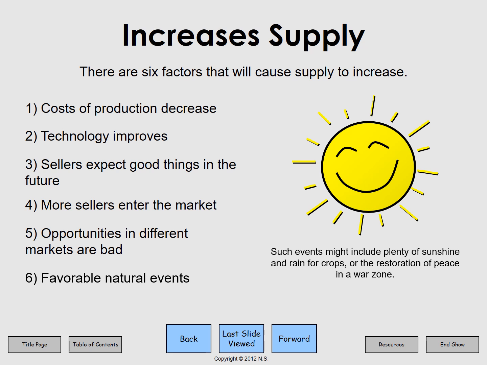If it's sunny, then that is good and lemons grow better. If it's hot outside, that's good for lemonade salesmen, and so that would help and increase the supply. Such events might include plenty of sunshine and rain for crops, so it works with our lemons, or restoration of peace in a war zone. So if a war breaks out in Angleton, that's probably not a good place to sell lemonade.